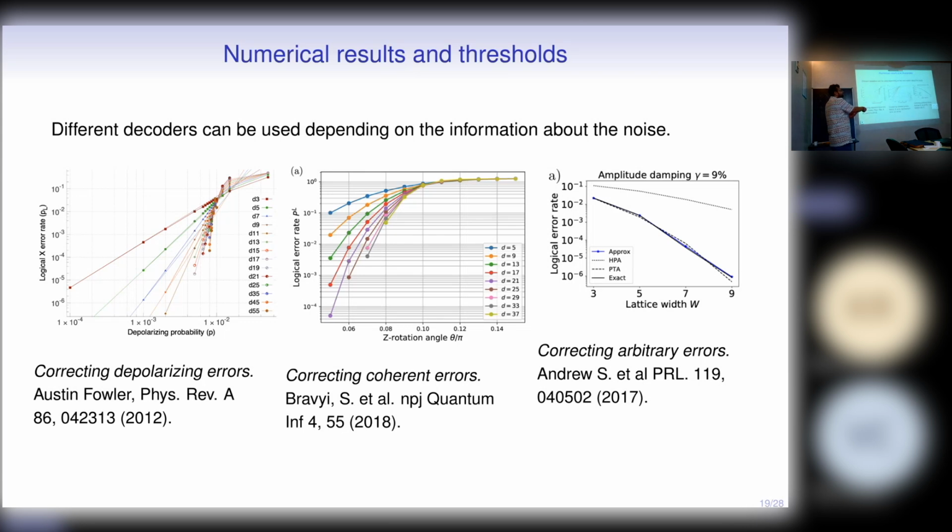On the x-axis, you see the probability of error per qubit. This is depolarizing. Here you see different error mechanisms and so on. For people who want to go closer to the hardware, there are other models which more closely represent hardware, like amplitude damping. But you can make such plots with surface codes because we have a polynomial time decoder.